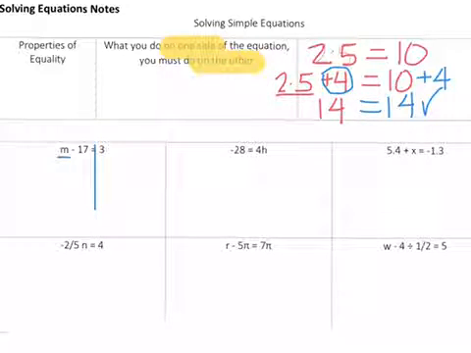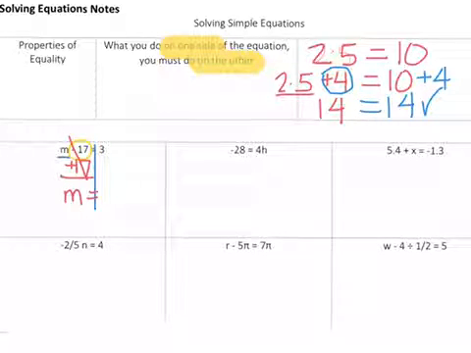So the number I need to move is this minus 17. Because it's minus 17, to cancel it out or make it equal to 0, you do the opposite or inverse operation. The opposite of subtracting is adding. So you add 17, because negative 17 plus 17 is 0, and it crosses out. We're left with m on this side.